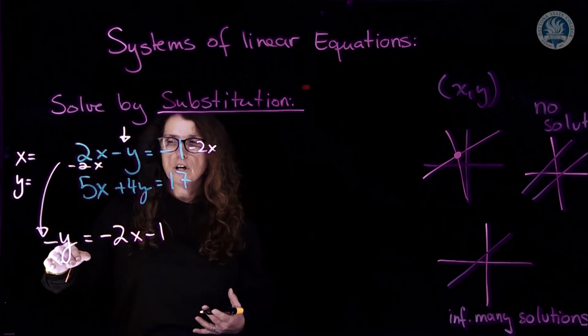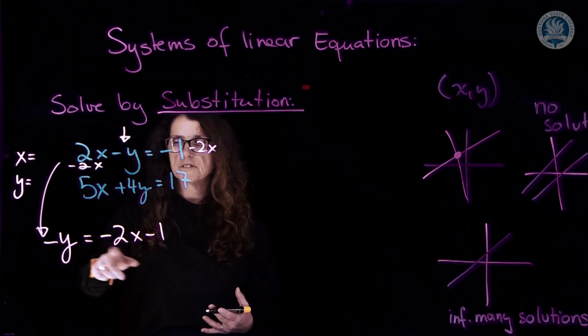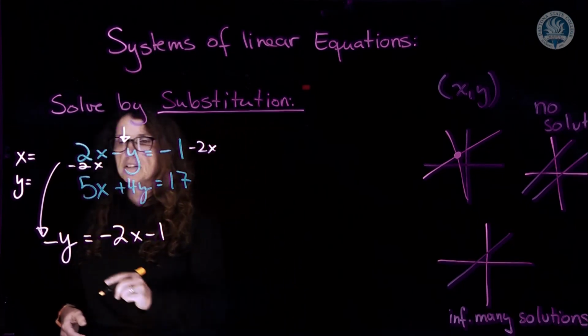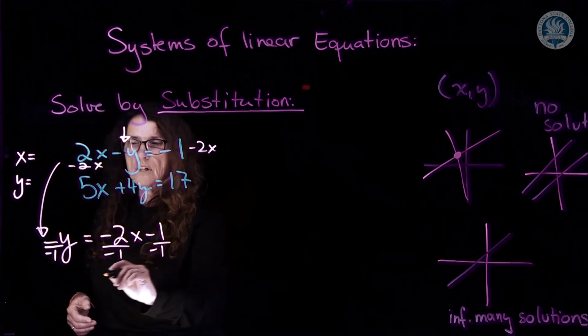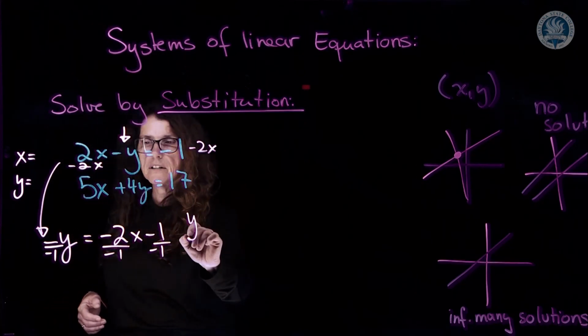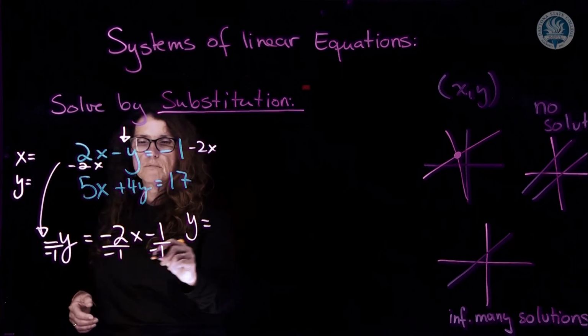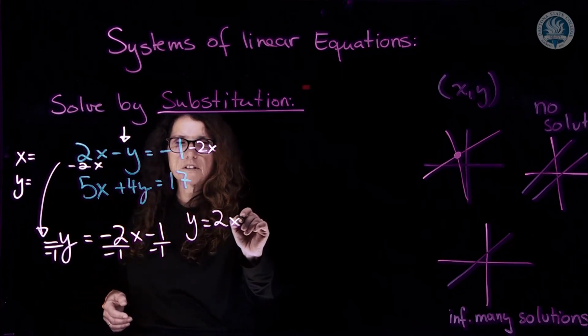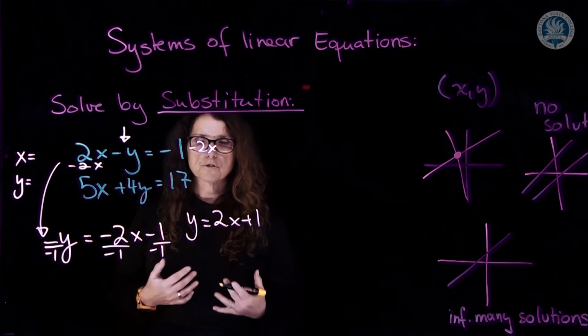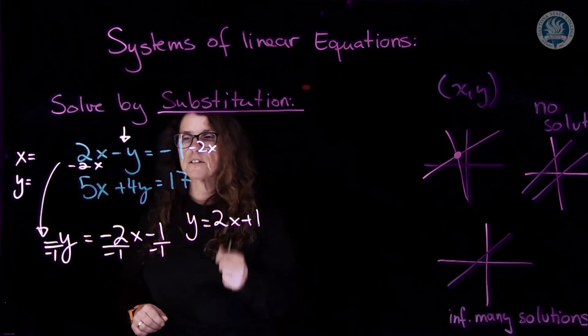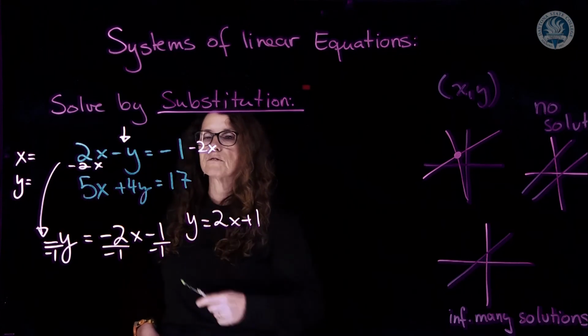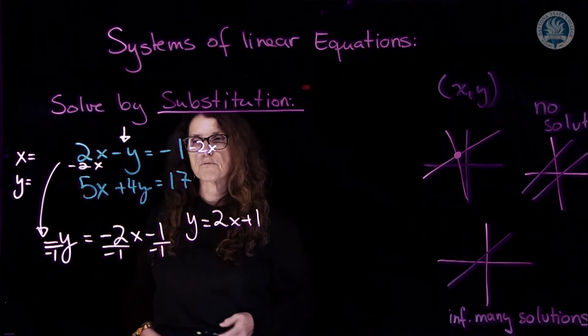No. You have to change this to positive y by dividing all three terms by negative 1. This becomes y equals, negative divided by negative is a positive, 2x plus 1. So now I have accomplished my goal of isolating one of these two variables, in this case, y.